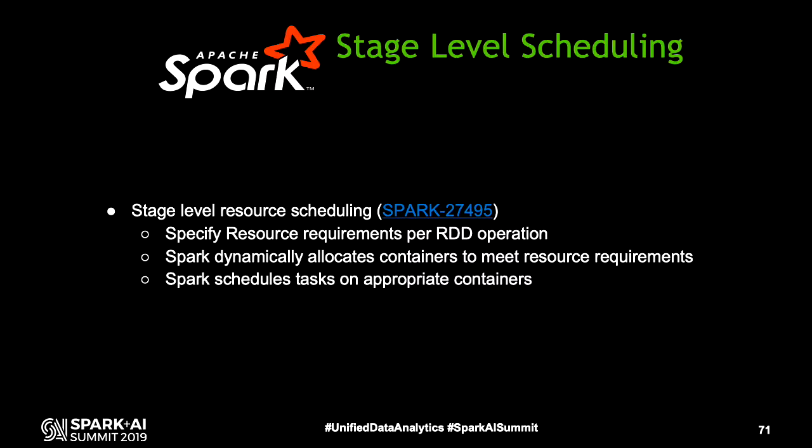I'm not sure who's all familiar with Spark, but when you run an action, you run a Spark job. That Spark job gets split up into stages, and those stages are based on a shuffle boundary. When Spark goes to schedule, it looks at what RDDs are in that stage, and it looks at the resources you've associated with them to decide what size of containers you need.